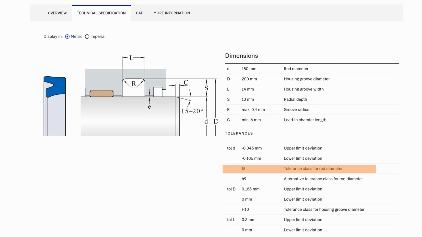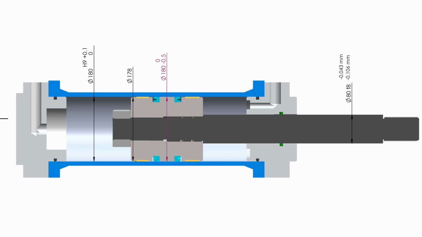Now first, the rod diameter tolerance should be H8 as per the seal recommendation. 0.043 mm and the lower limit is 0.106 mm. And to maintain a maximum clearance of 0.6 mm between the head and the rod diameter, we will consider the least material condition of the shaft. So the shaft diameter would be 80 minus 0.106 mm, 79.894 mm.